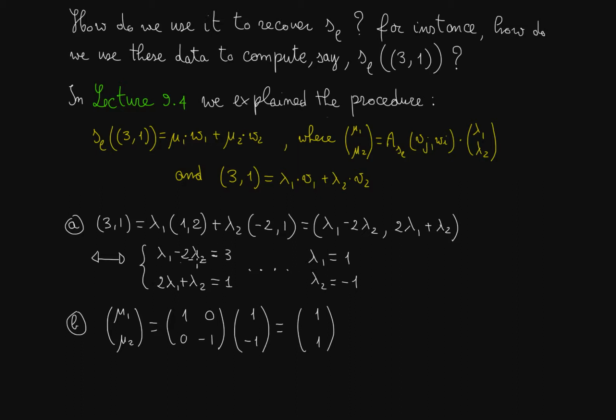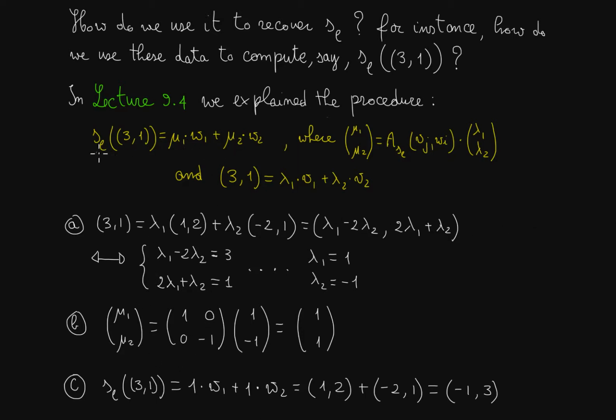So we solve this system of two equations in two unknowns, and we find that lambda 1 must be equal to 1 and lambda 2 must be equal to negative 1. Therefore, since mu1, mu2 is obtained by taking this as a column vector and multiplying on the left by the associated matrix, mu1 and mu2 end up being 1 and 1, both of them.